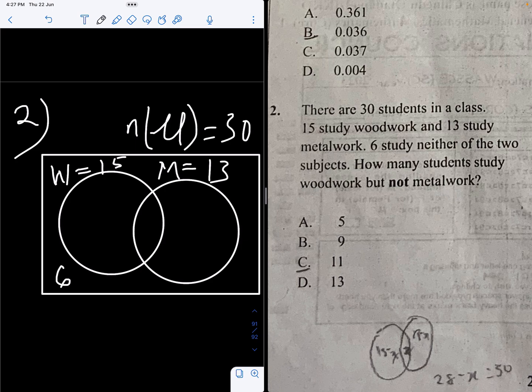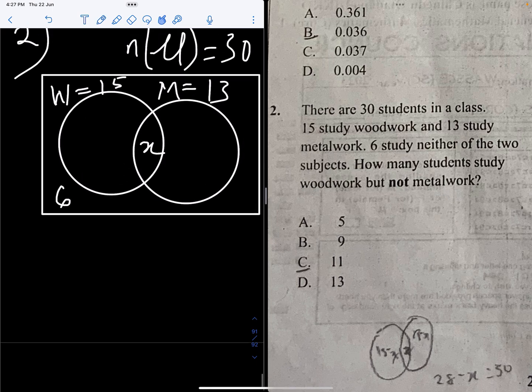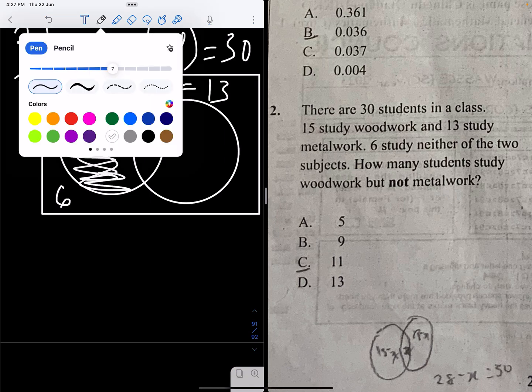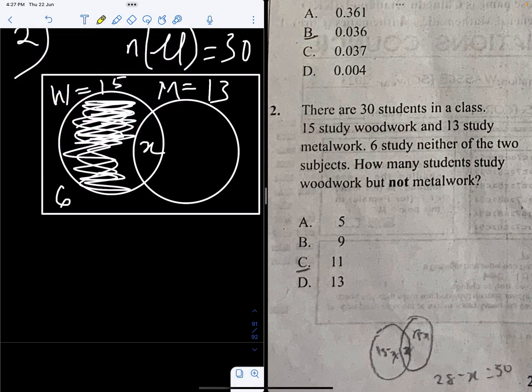So now the question is, how many students study woodwork but not metalwork. Let X be the number of students who study both metalwork and woodwork. Those who study only woodwork will be here, while those who study only metalwork is what this part represents.